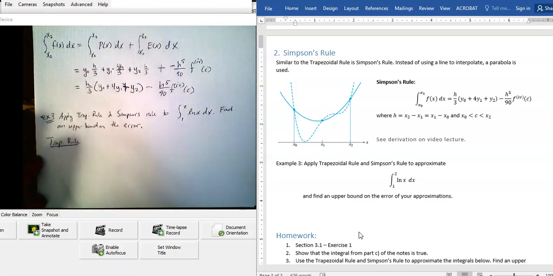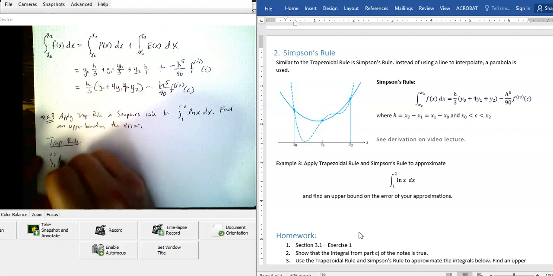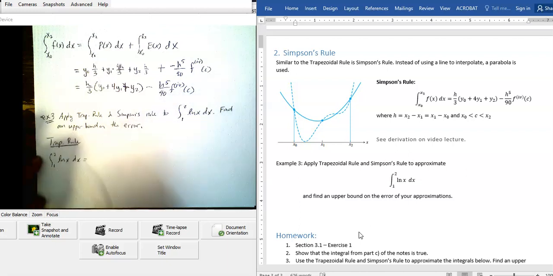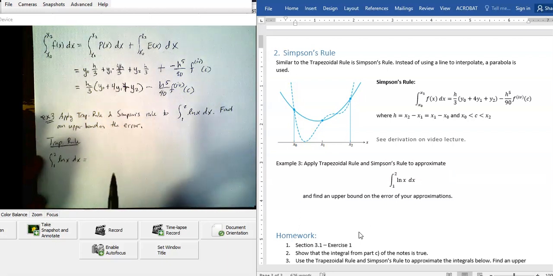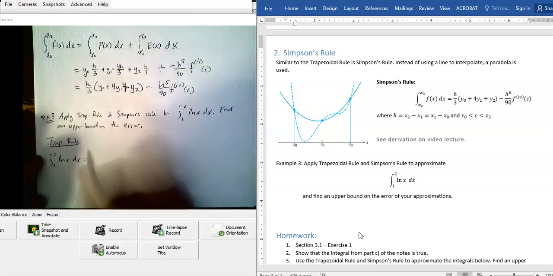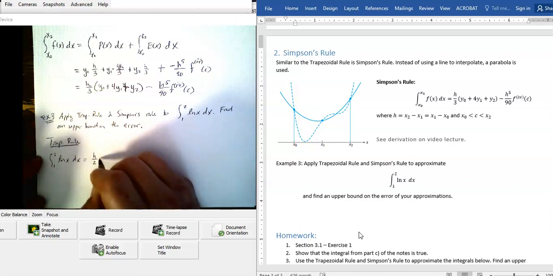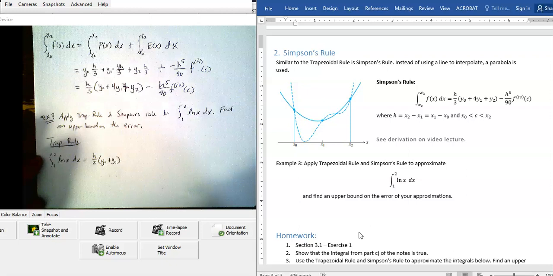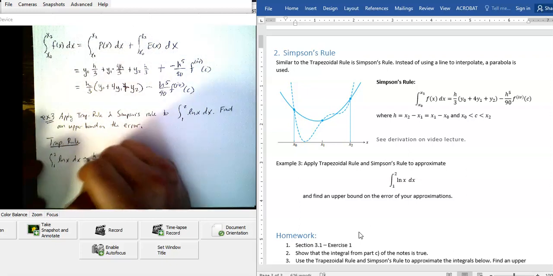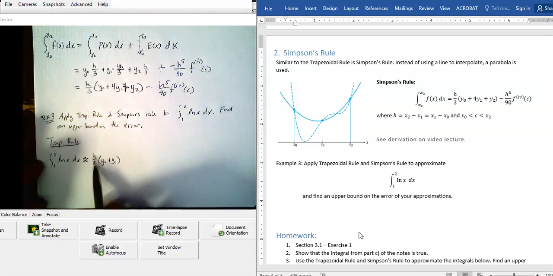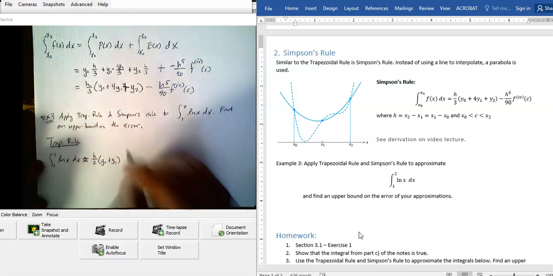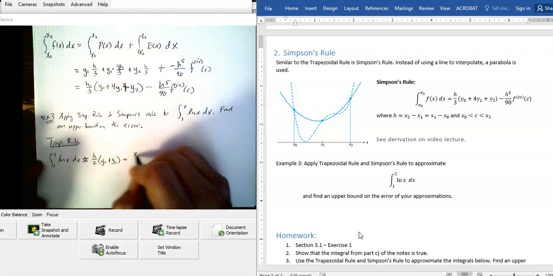Trapezoidal rule says that the integral from 1 to 2 of the natural log of x dx is equal to, let's go back, h over 2 times y naught plus y1. This is an approximation, right? Recall that h is defined as x1 minus x naught over 2.